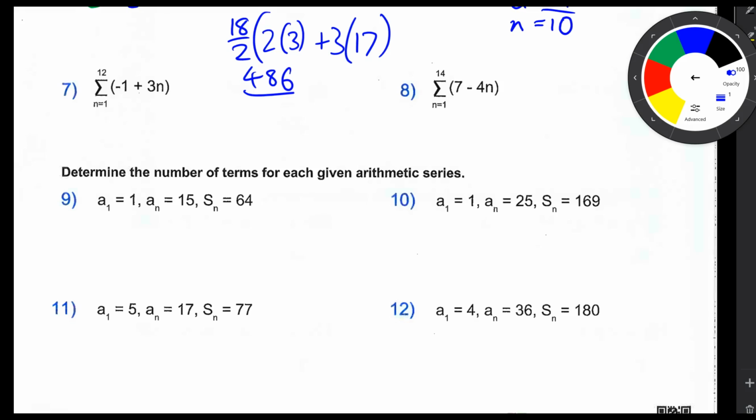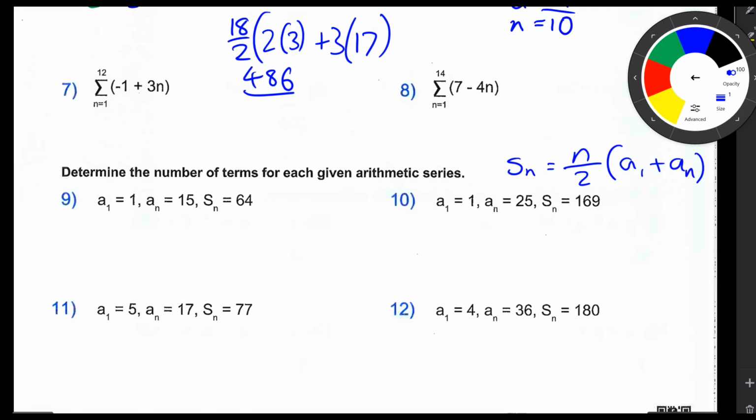Determine the number of terms for each arithmetic sequence. Okay, this one is going to take some thinking. Okay, and after a lot of thinking, you might come up with the formula that we used for adding an arithmetic sequence, which was Sn equals n over 2, our first number, or A1 plus An.